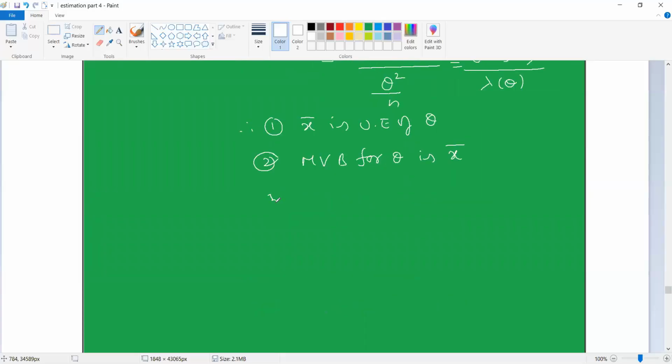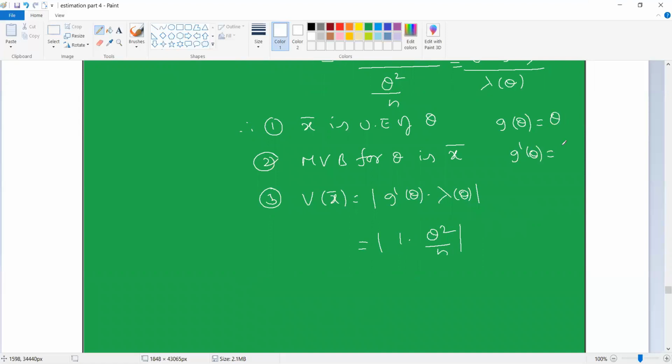Third, variance of x bar is equal to modulus of g dash of theta into lambda of theta. Now g dash of theta is 1 and lambda of theta is theta square by n. Here g of theta is equal to theta, g dash of theta is equal to 1. Therefore, variance of x bar is equal to theta square by n.